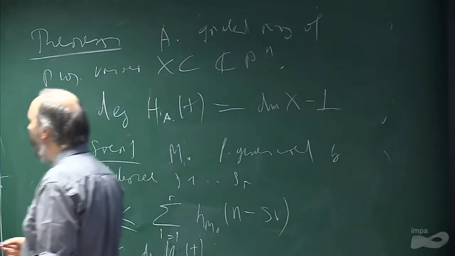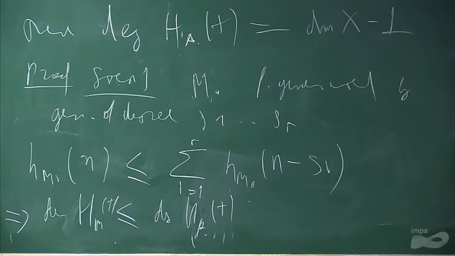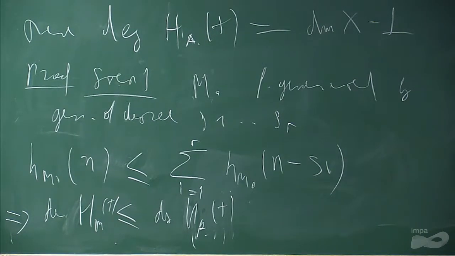So step two: if A star is contained in B star, and B star is a finitely generated A module, then you have an equality in the opposite direction, and the degree of H_A(t) is equal to the degree of H_B(t). Am I clear?